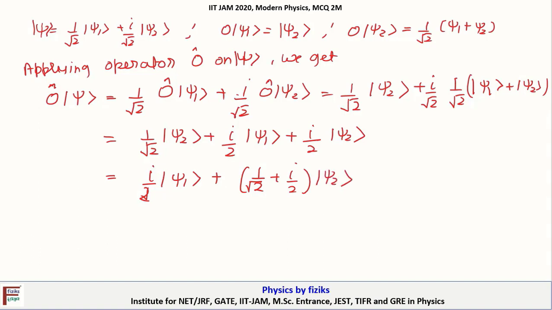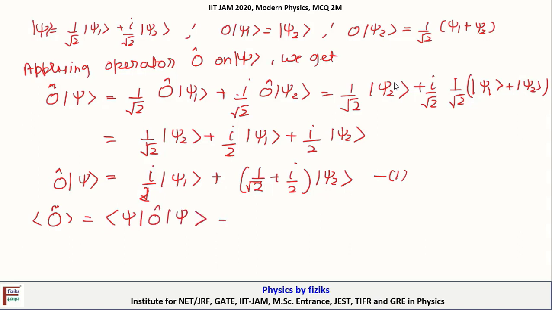Now multiplying with the bra in the equation, let us take it 1. So when I multiply it, we get the expectation value of O, psi O cap psi cap.